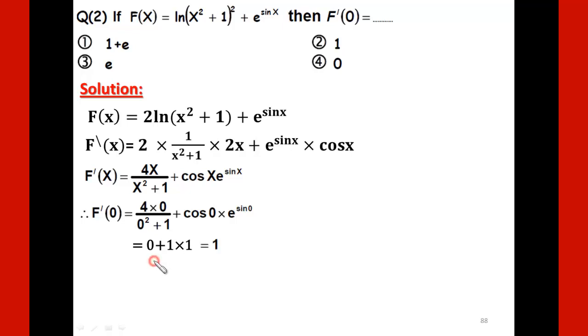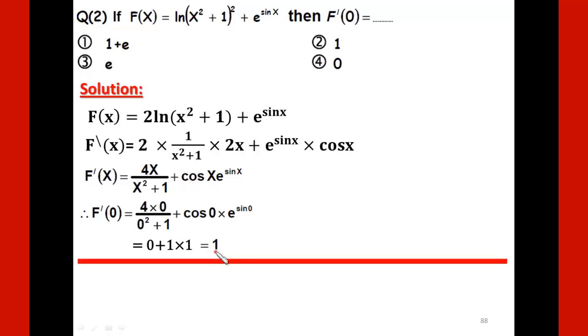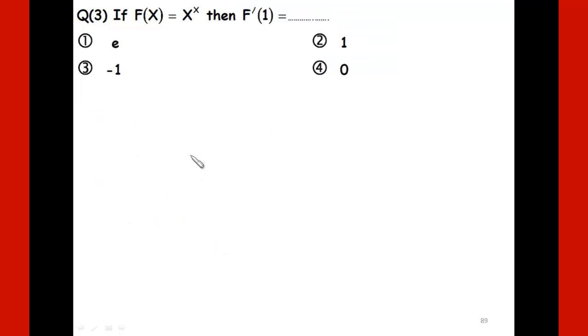So the result equals 1. 1 multiply 1 equals 1. Question 3. If f of x equals x power x, then find f dash of 1.